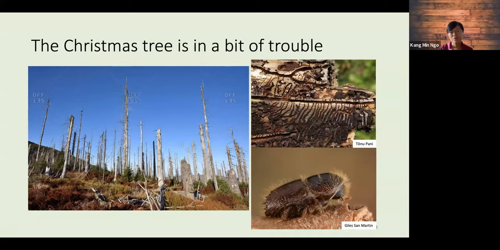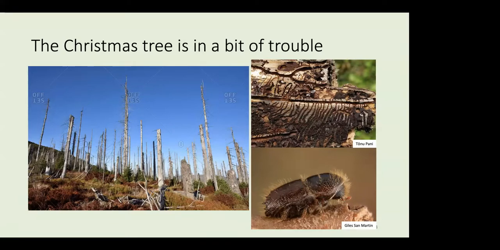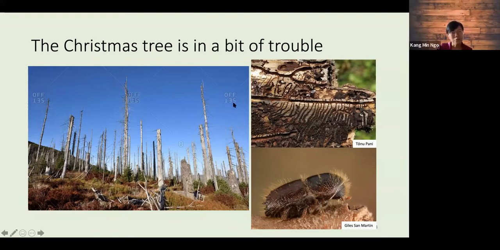This disrupts the water system and the food system of the tree, and so this slowly kills the tree. And because beetles can move around, they go to the next tree and the next tree. And so an entire area of forest could die from these beetles.